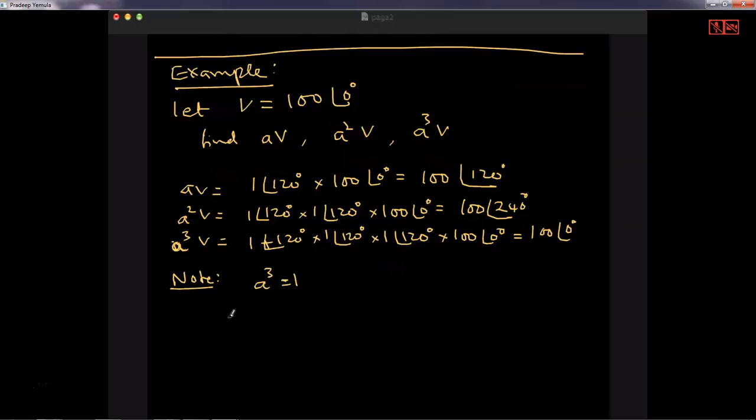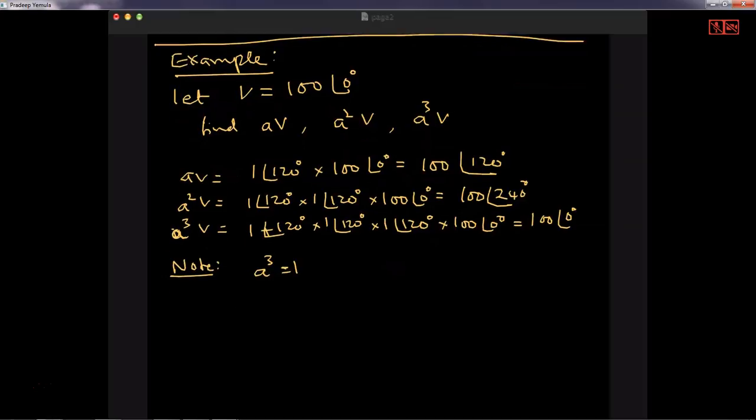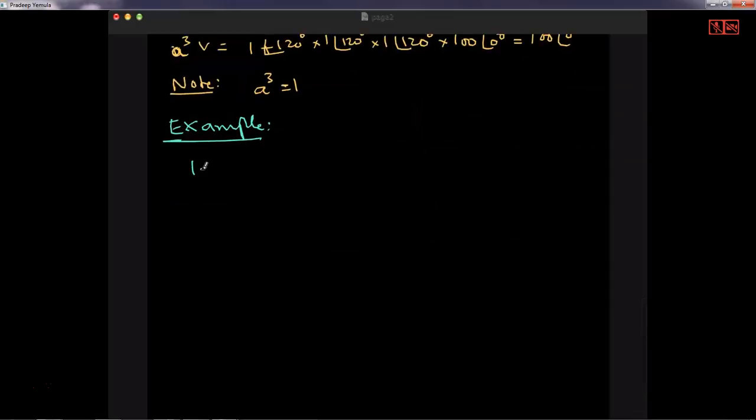Now I'll take one more example. Let I equal to 5 angle minus 30 degrees amperes.